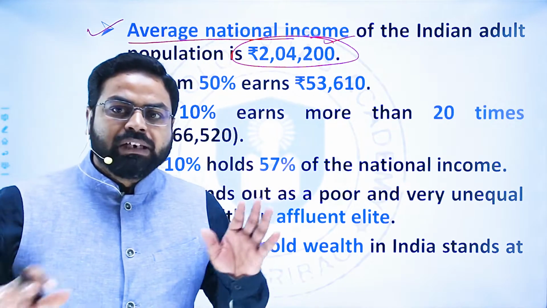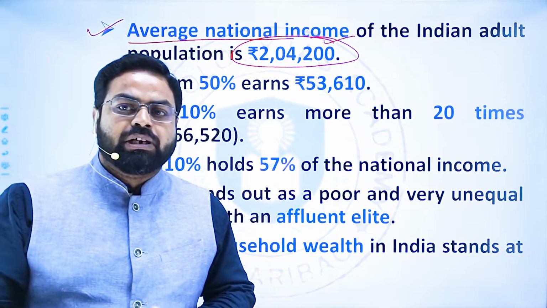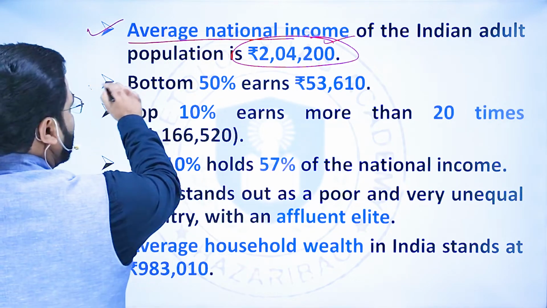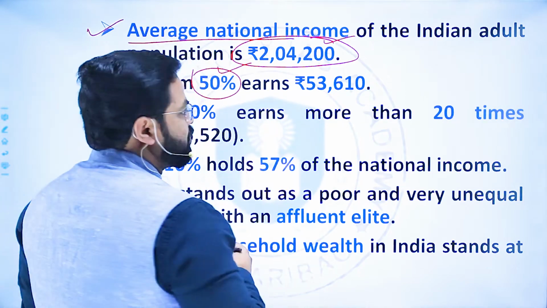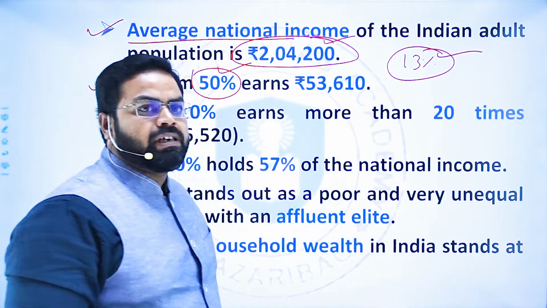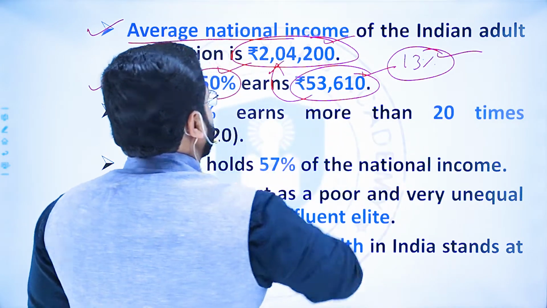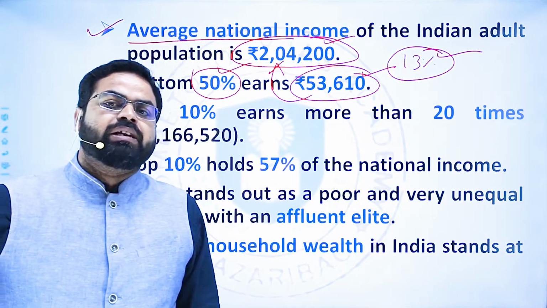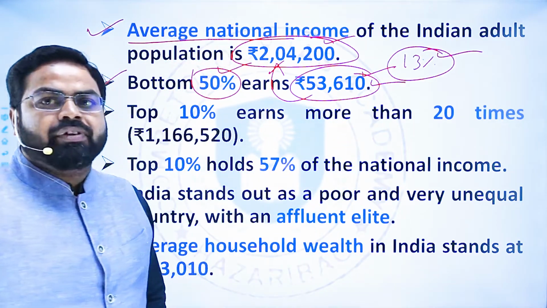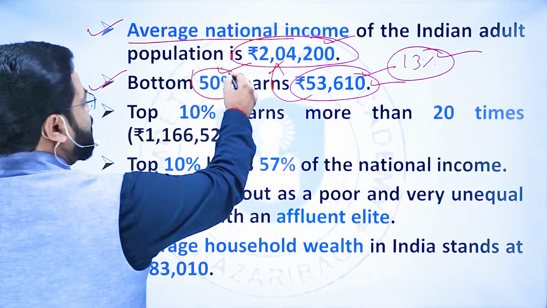2,04,200 rupees. But this average income does not show the clear picture of the inequality prevalent in India, because the bottom 50%, about whom we were talking, receive only 13% of the national income. Their average income is only 53,610 rupees. So what a glaring difference is here, you can understand. It is only about 1/4 of the average national income for adults that is being received by the bottom 50%.